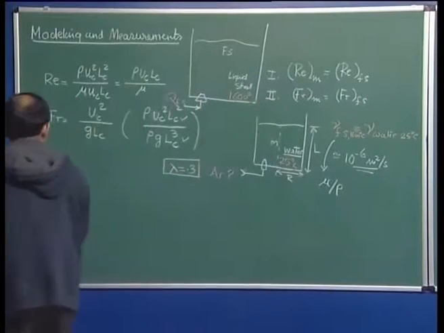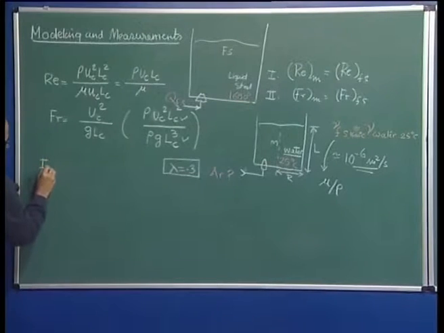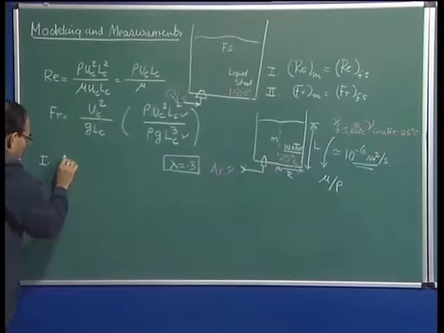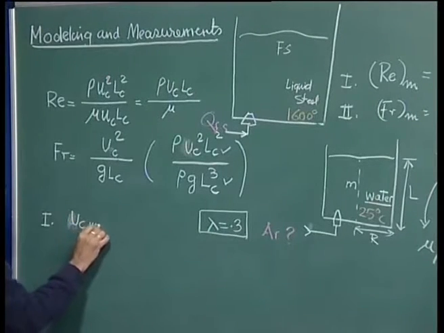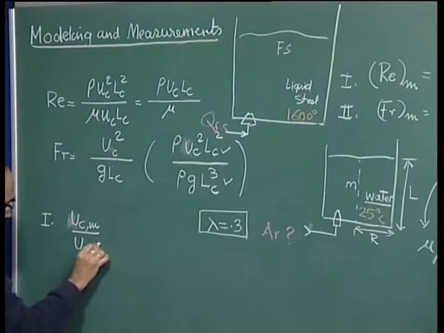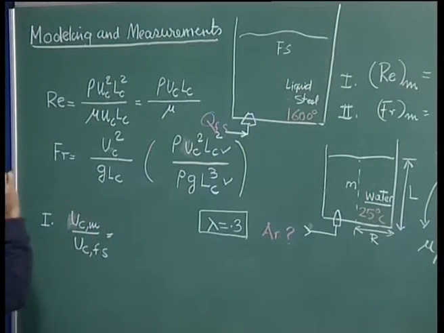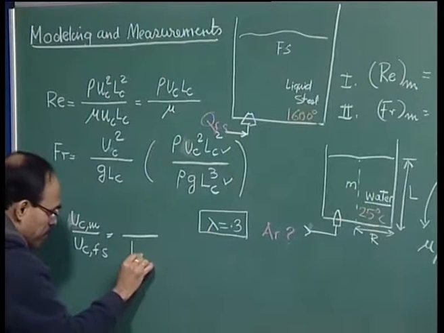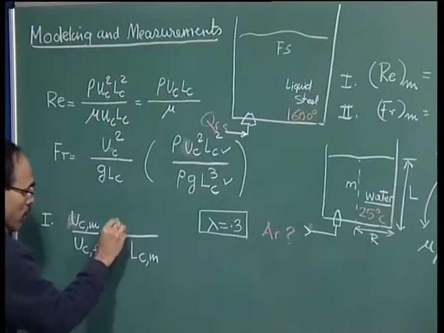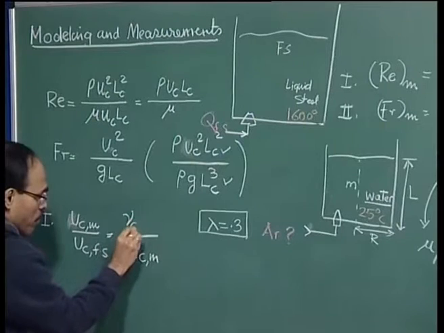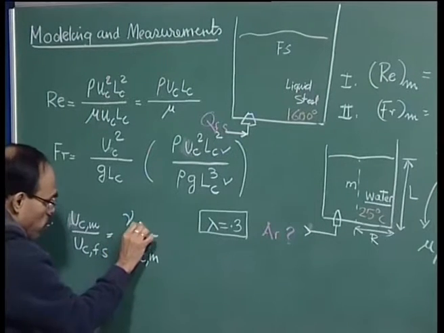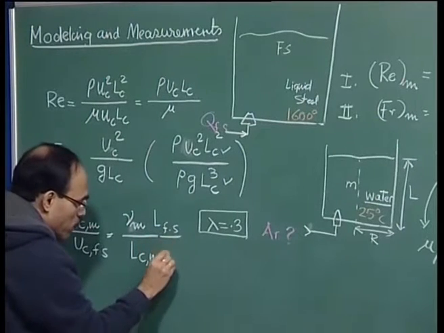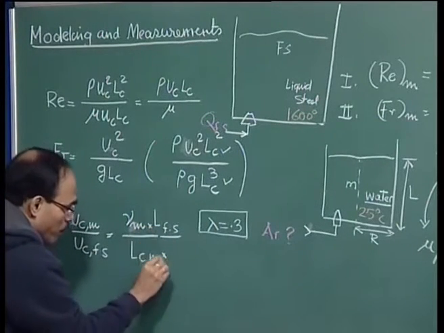Criteria 1 would give us U characteristic model by U characteristic full scale is equal to L characteristic model, nu characteristic or nu model, and L full scale into nu full scale.